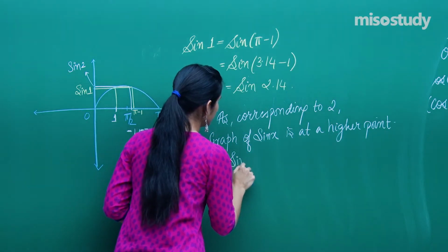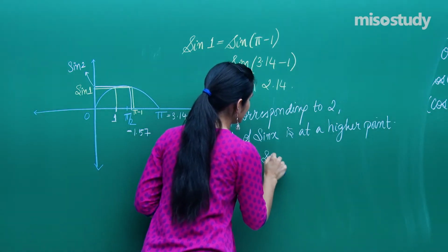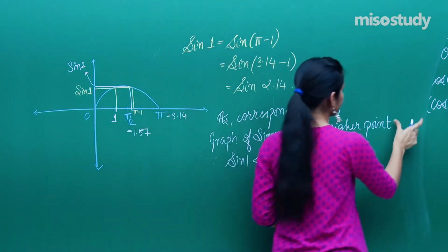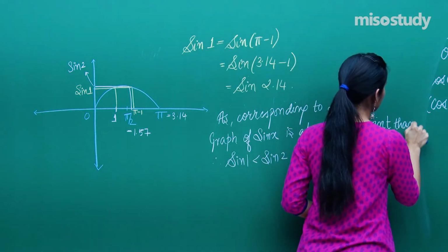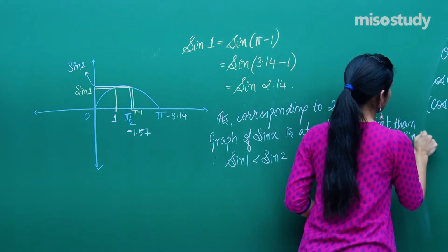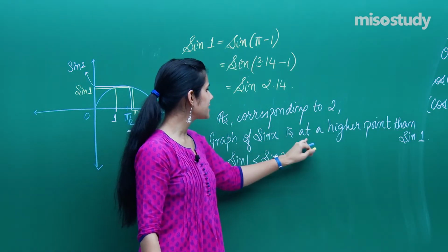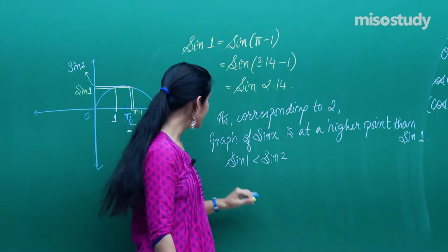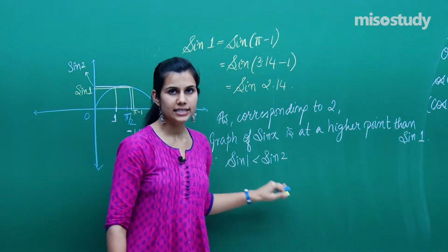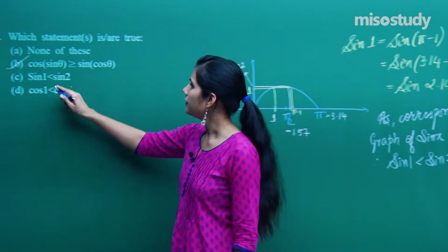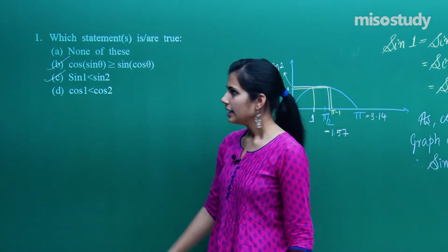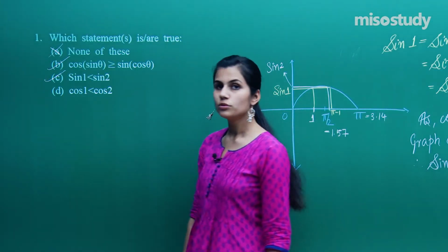Corresponding to 2, graph of sine x is at a higher point than sine 1, therefore sine 1 is less than sine 2. So that means even this is true. That means definitely this is not true.